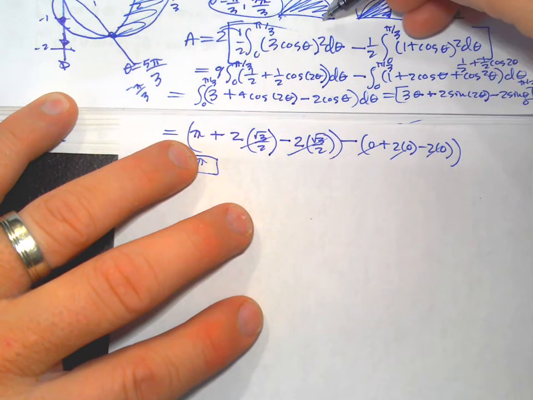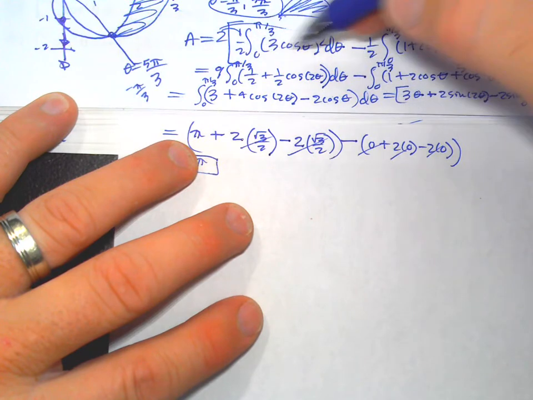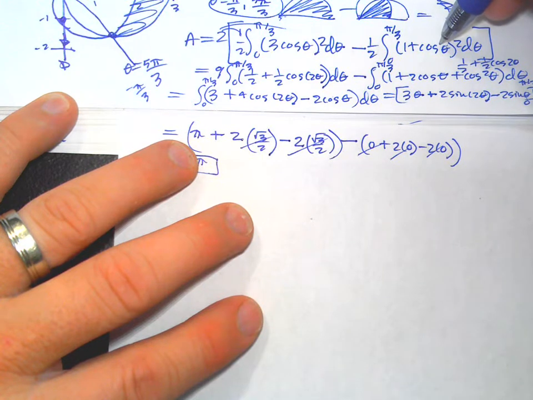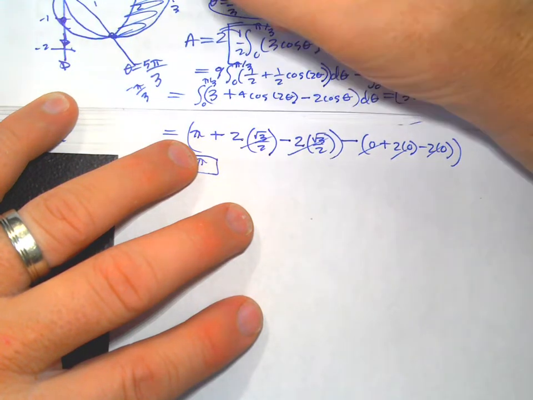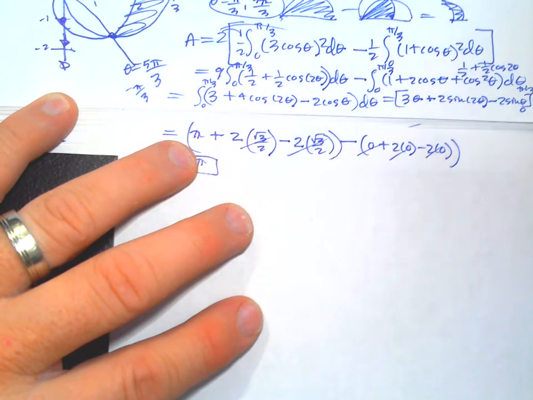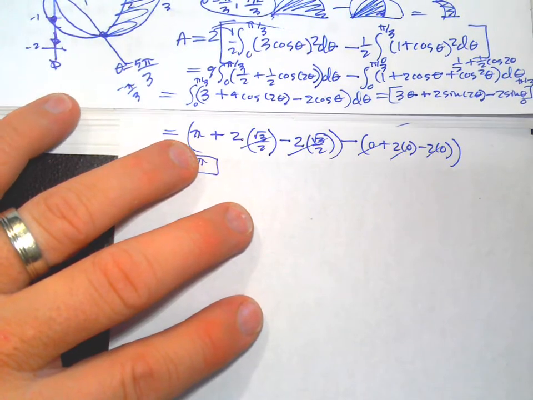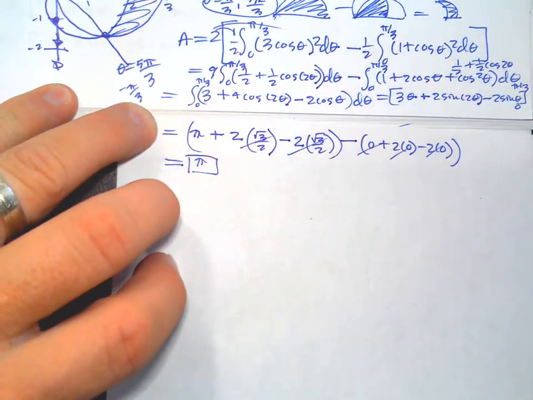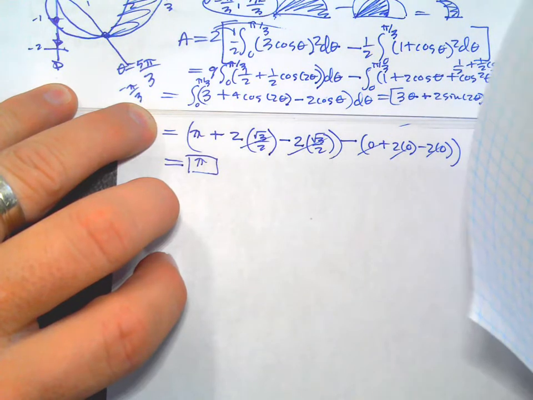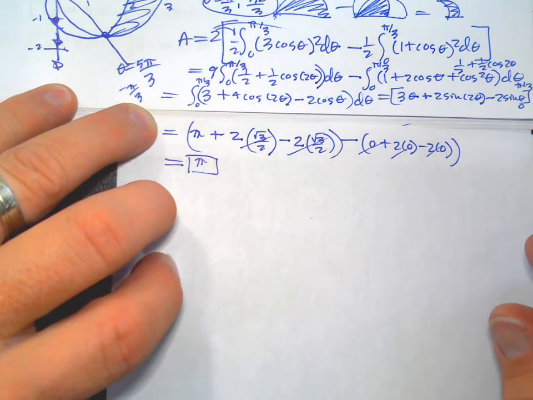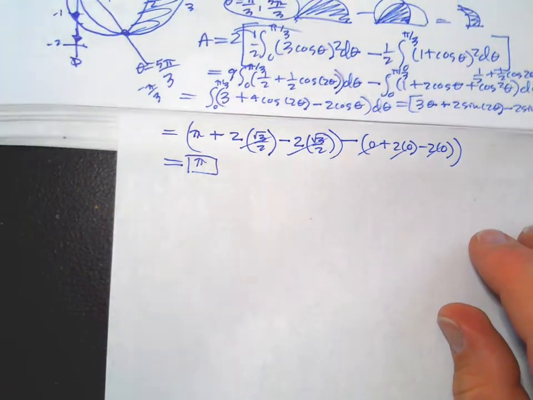The circle is 9 cosine squared, and then this is inside the cardioid, 0 to pi over 3. Both of these curves start here and go here, right? Yeah. I don't know if I got too ambitious trying to clean everything up. Oh, I guess that is the answer: pi. Yeah, looks good. Okay. All right.